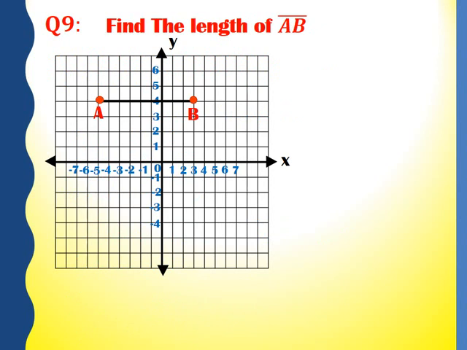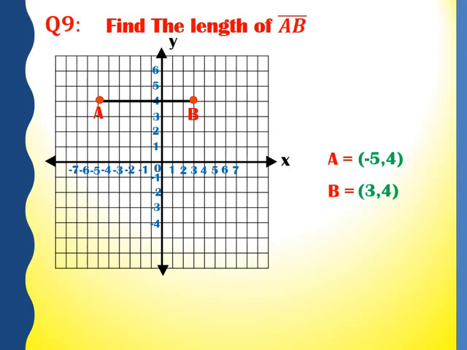In this question, I need to find the length of AB. Let's write first our points. The point A is (-5, 4): left, then up. The point B is (3, 4): right, then up. To find the length of AB, I will just find the absolute value of the coordinate which changes.